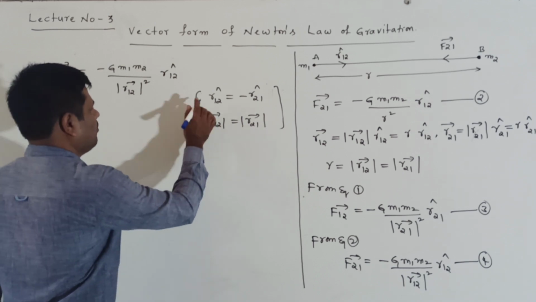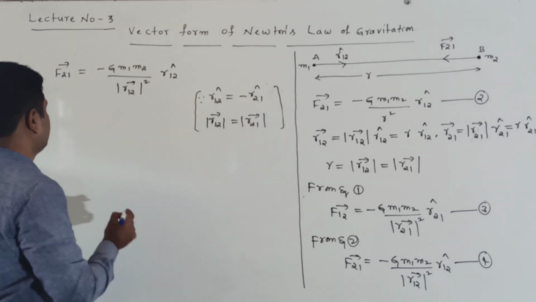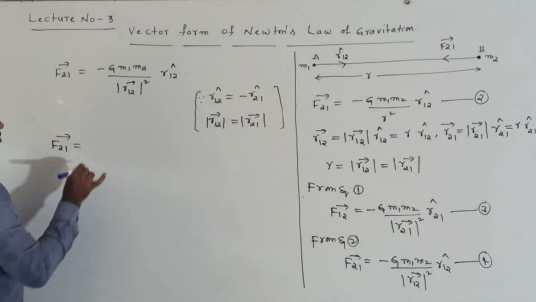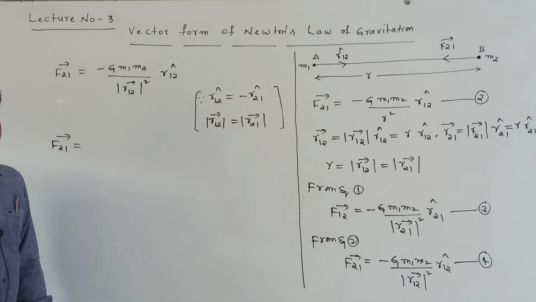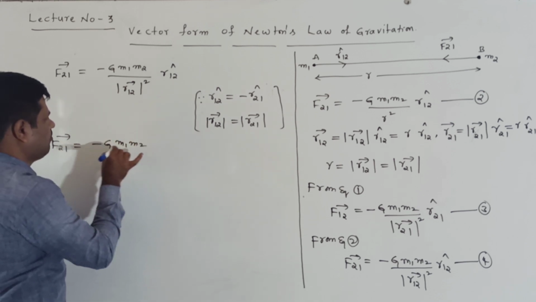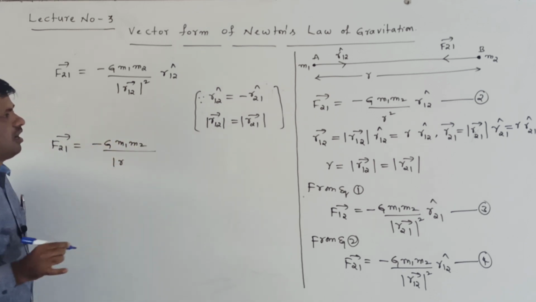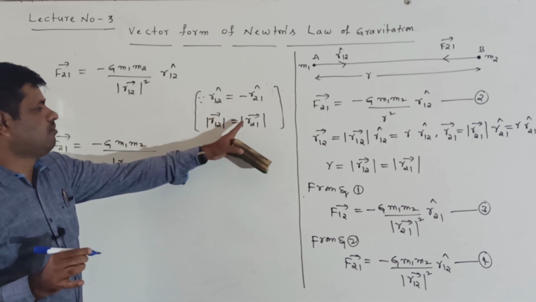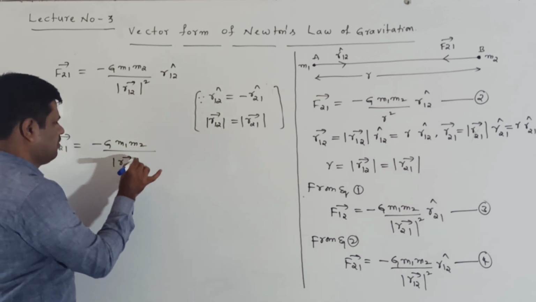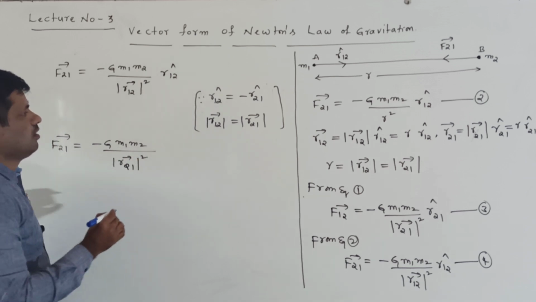I am changing this now. From this I write F12 bar is equal to G into M1 M2 by mod R12 bar whole square, as usual.